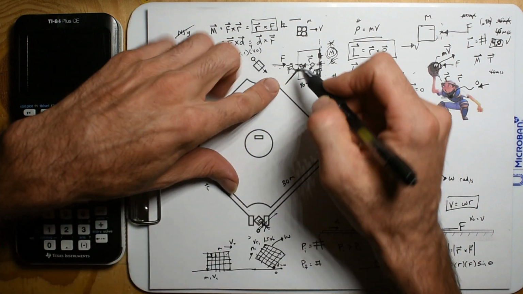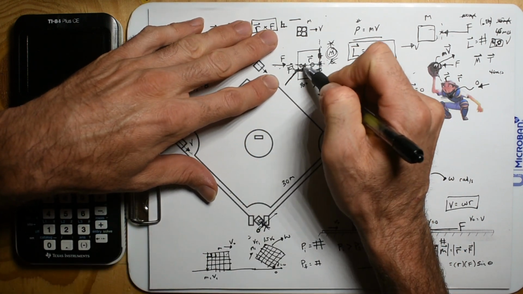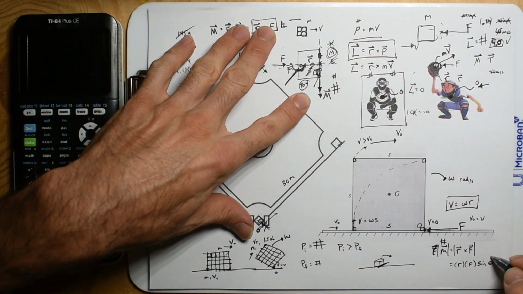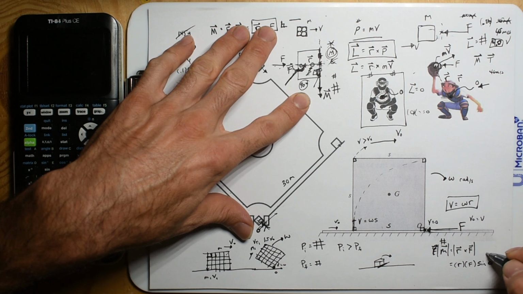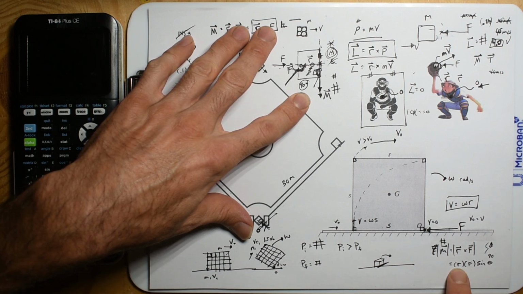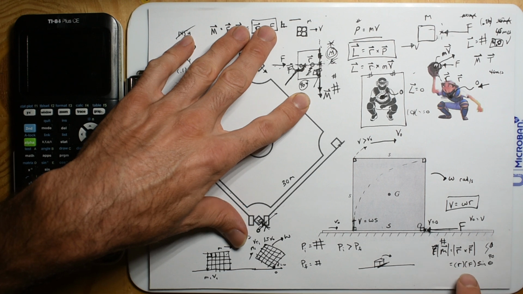So here on the door, if this is the force, this is the distance, we have 90 degrees. Sine of 90 is 1, and so it's going to be 100% of R times F. That's going to be the number that you get.